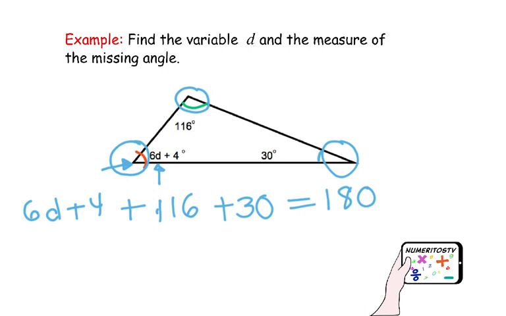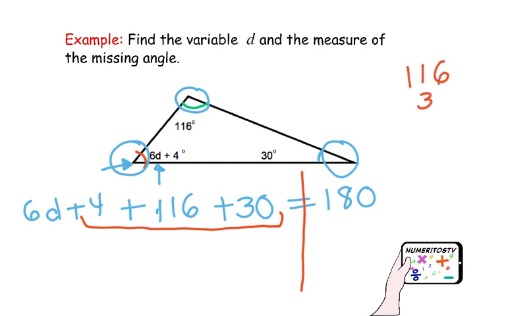Now I have variable D and I can solve this equation. First, I can simplify this side, so I am going to add 116 plus 30 plus 4. So 6 plus 0 plus 4 is 10. 3, 4, 5. So this is 150.